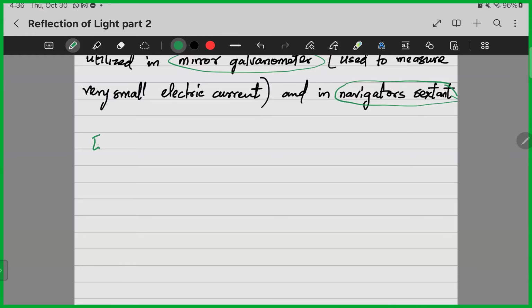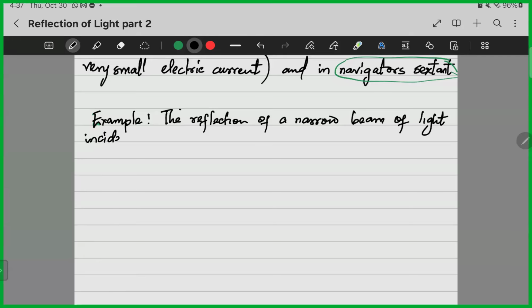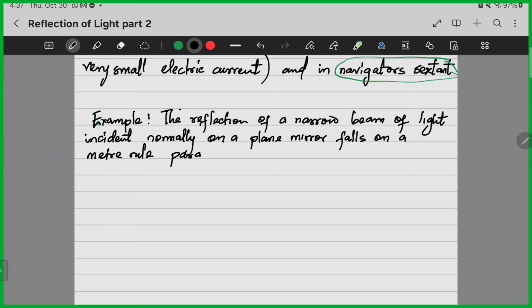The reflection of a narrow beam of light incident normally on a plane mirror falls on a meter rule parallel to the mirror and at a distance of 1 meter.